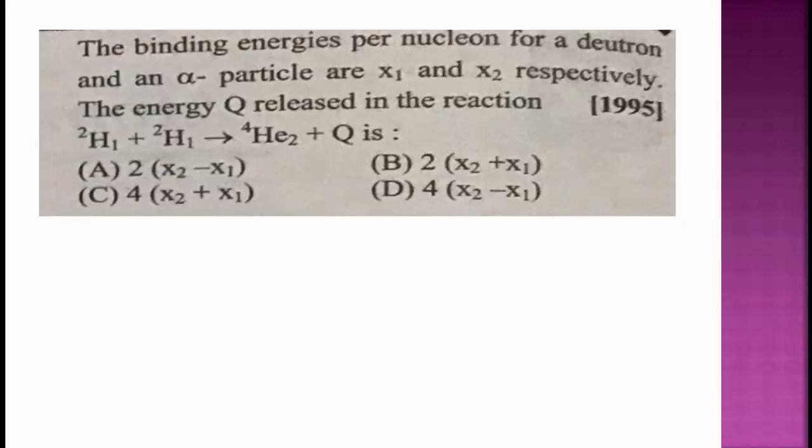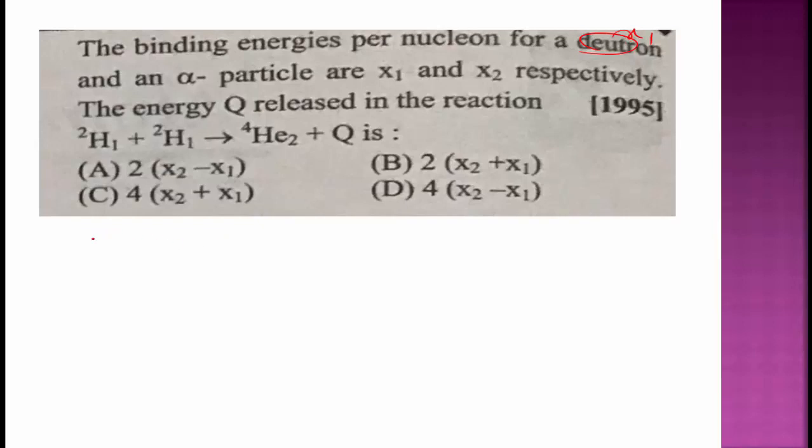The binding energy per nucleon for deuteron is x1. For a deuteron, one proton and one neutron, 2x1 energy is needed: when the deuteron nucleus is given 2x1 energy, its constituents proton and neutron become separate. Similarly, 2 protons and 2 neutrons combined produce a helium nucleus, and 4x2 energy is released.